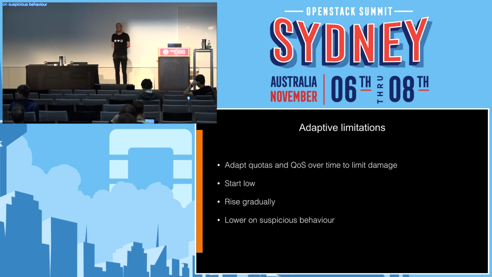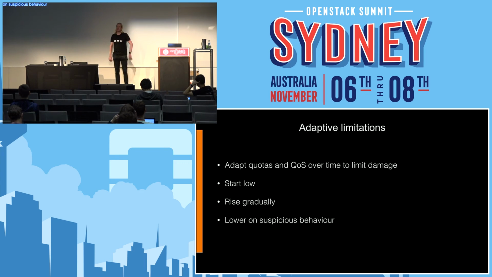Something that is really interesting to look at there is adaptive limitations, to look at the behavior and the usage of the service and adapt quotas and the quality of service limits over time so you can limit damage. It might, for example, be that you start low and then raise it gradually when good things happen with the account.